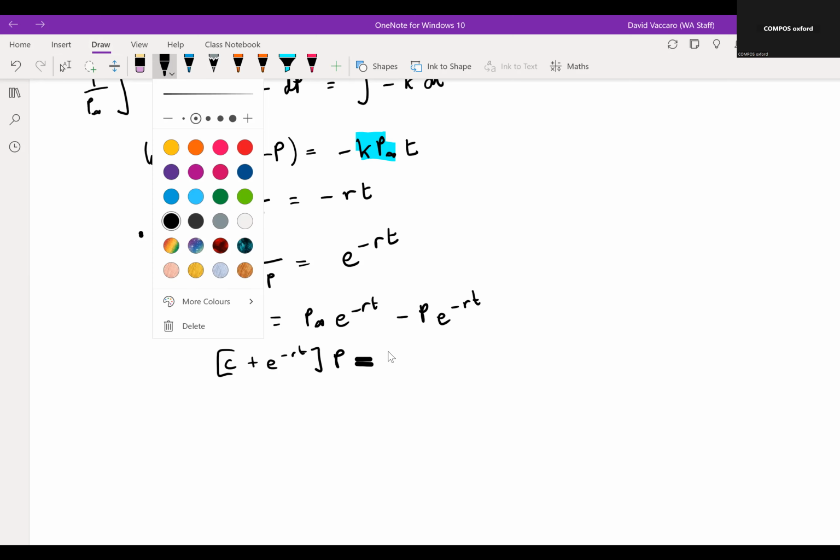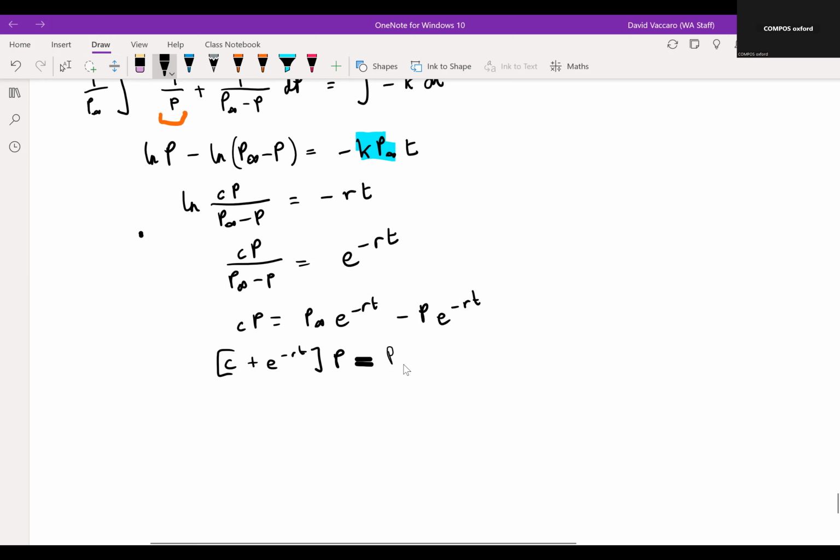So this is equal to p infinity e to the minus rt. And then if I divide, I get p is equal to p infinity e to the minus rt over c plus e to the minus rt.